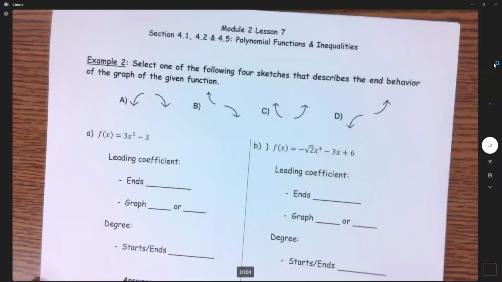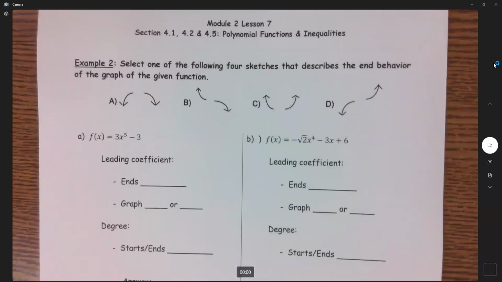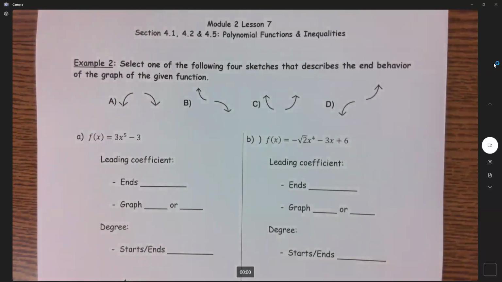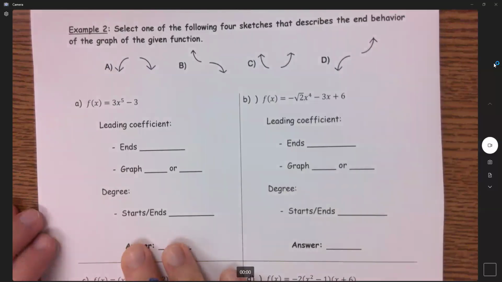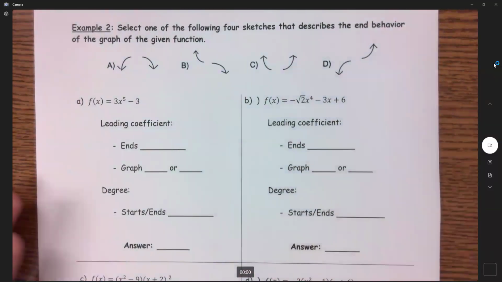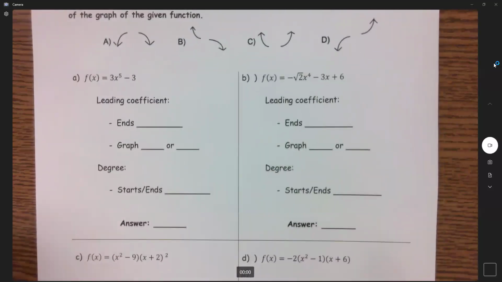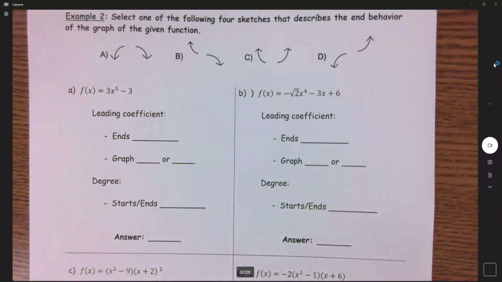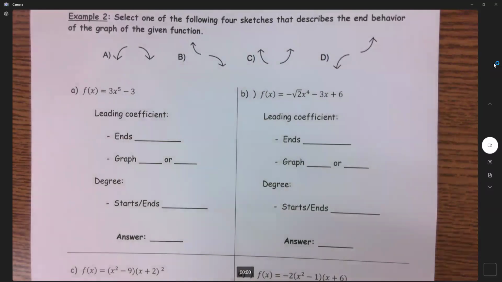So example 2. Select one of the following 4 sketches that describe the end behavior of the graph of the given function. So here is the thought process that you want to do. If you fill this out, you're going to be able to get to your answer A, B, C, or D. First we need to identify the leading coefficient.